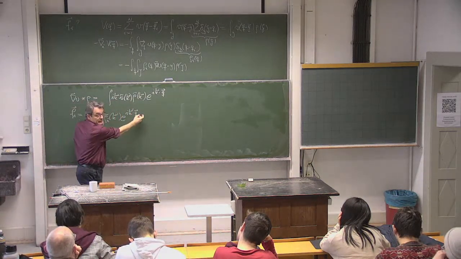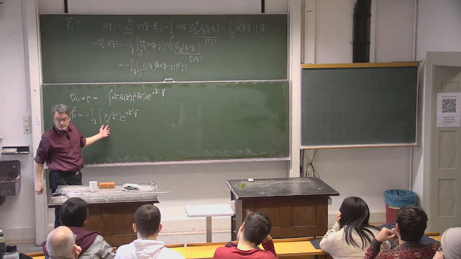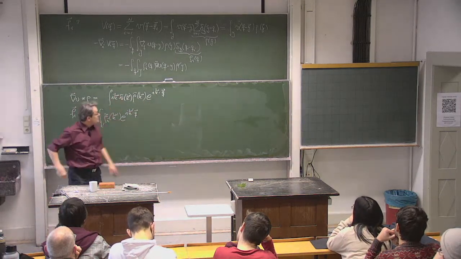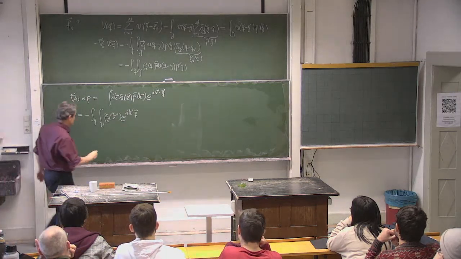So this expression here is just rho I of q. Right? The Fourier representation of the first density factor here. Now I insert the Fourier representation of the rest of the convolution.